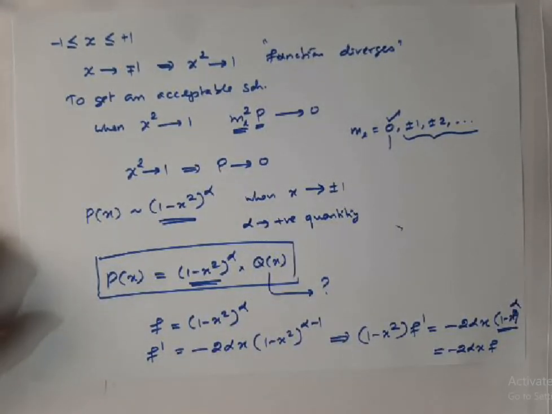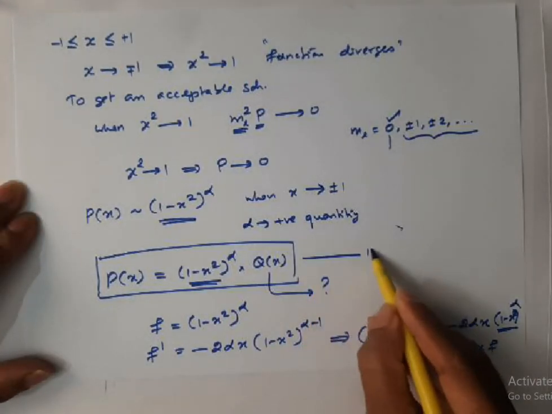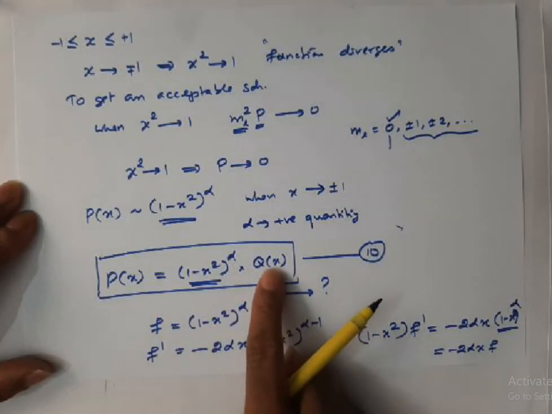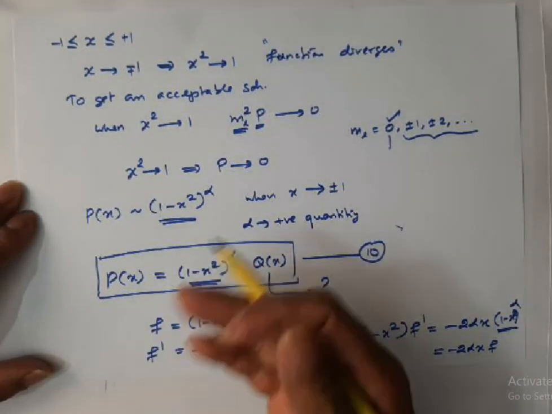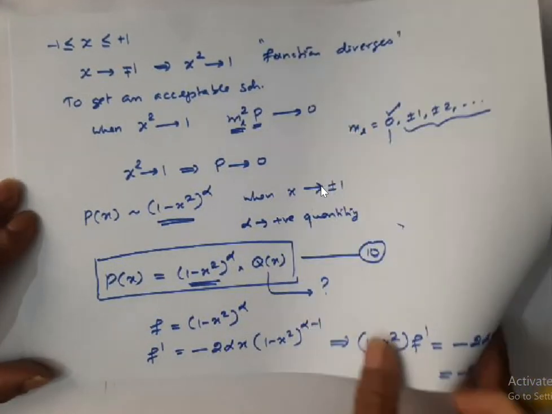So this is the definition. I will take this as equation number 8. This is how I define the function. Now we need to find out the function q. To find q, you have to differentiate this 2 times and substitute this in equation number 8. That's the idea. So how to do that? Let me write on the next page.